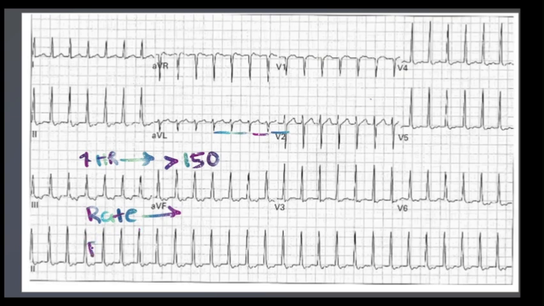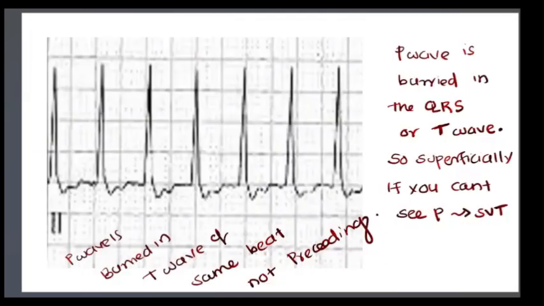And if the rhythm is regular, and you cannot see any P wave, or you are seeing a P wave after QRS that is inverted like this, or sometimes you may not be able to see the P wave because it might have merged into the T wave, and if the QRS is narrow, then this is paroxysmal supraventricular tachycardia. Let's look at another picture.